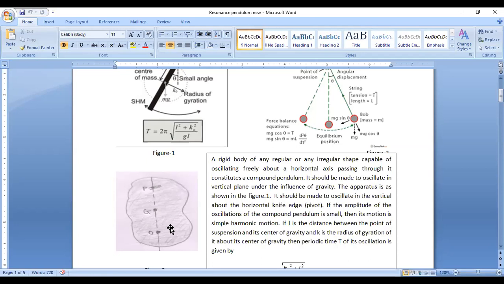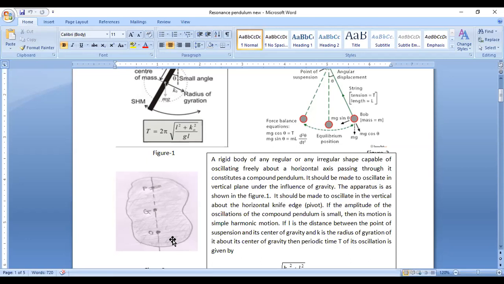Now if you give a small angular displacement to the rigid body, it is capable of oscillating in a vertical plane. If the angular displacement is very small, then the amplitude of oscillation is very small, and these oscillations are treated as simple harmonic oscillations. So it will perform a simple harmonic motion.